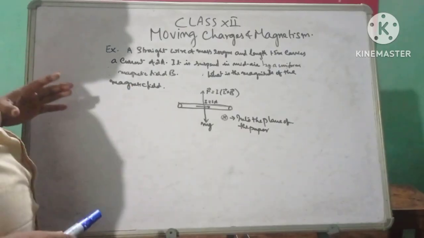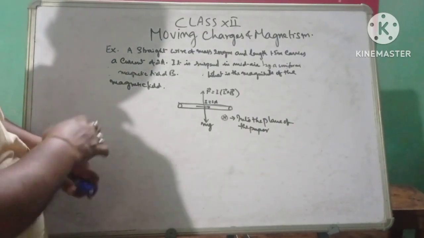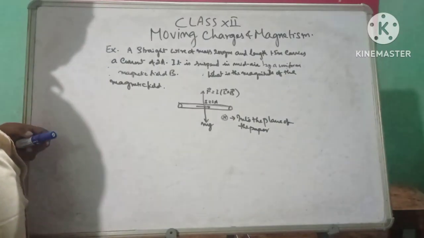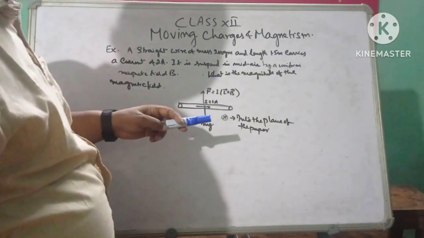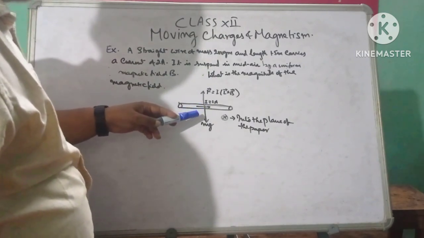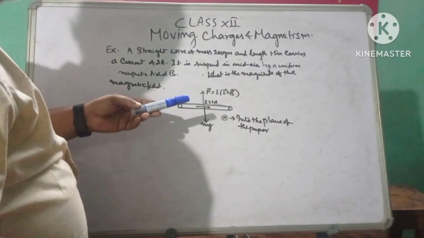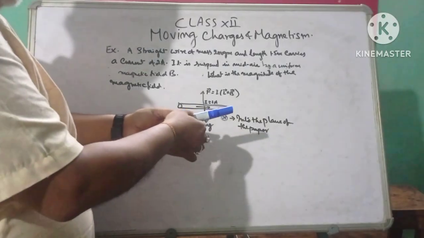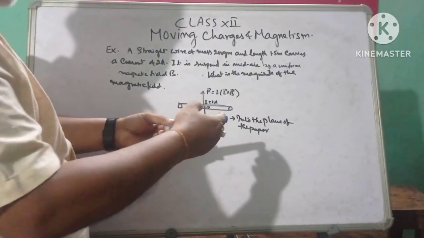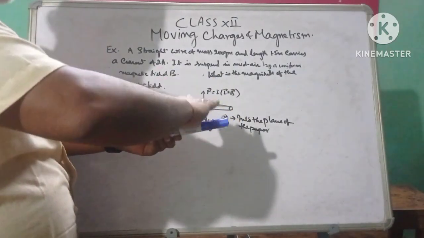So this is a simple question, but the main factor here is the direction. What must be the direction of the magnetic field so that the force will be exerted in the upward direction to balance the weight? Here you see the current carrying conductor, and the magnetic field is in the horizontal direction, so it is in this plane.